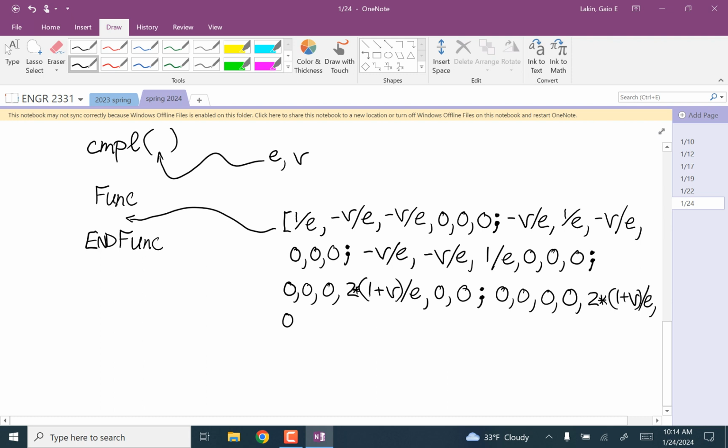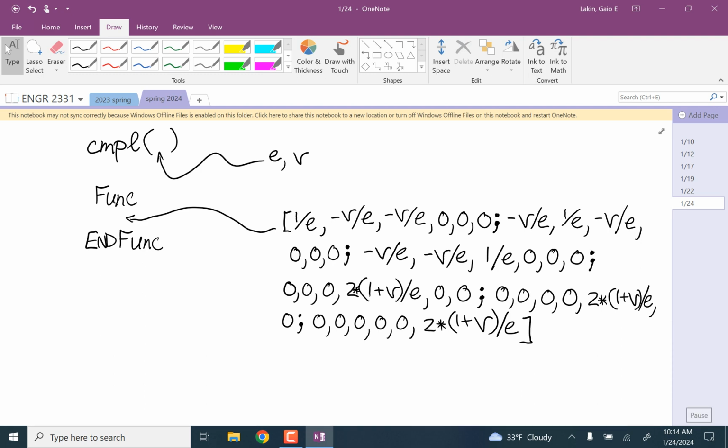And 1 0. And now the last row, 5 zeros. And 2 times 1 plus V over E. And now we're done, so close the bracket. And I think that's it. That's what I see.